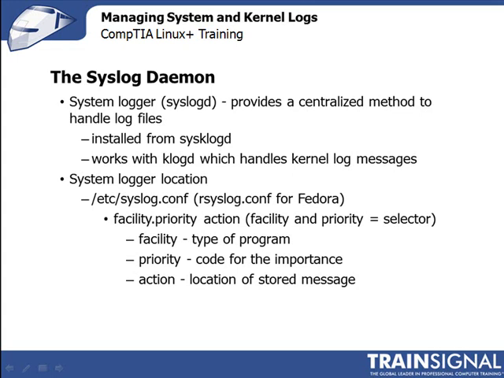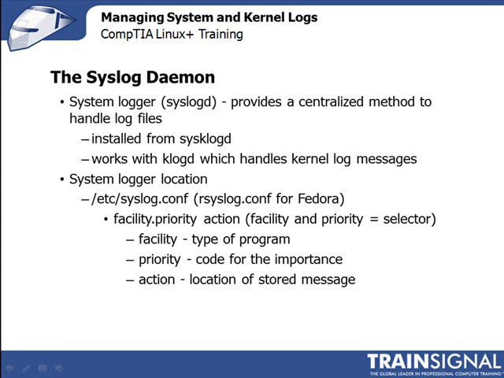It acts sort of like a traffic cop, directing the data to the appropriate log file. Like other daemons that we've talked about, syslogd is configured through a file stored in the etc directory, and it's called syslog.conf. Though Fedora uses rsyslog.conf.